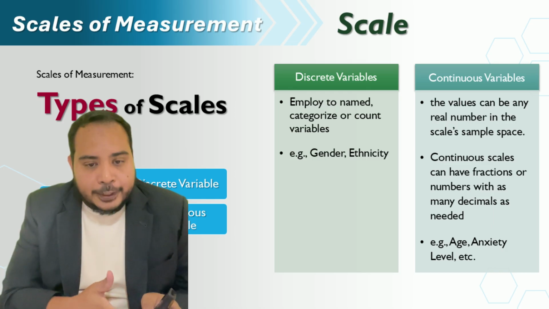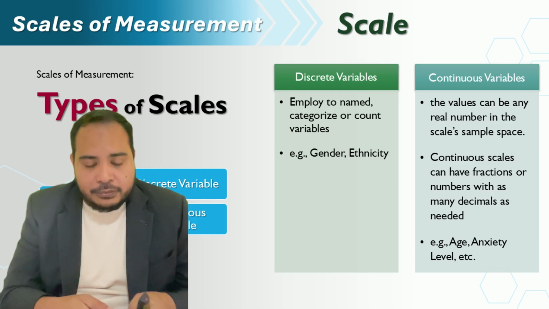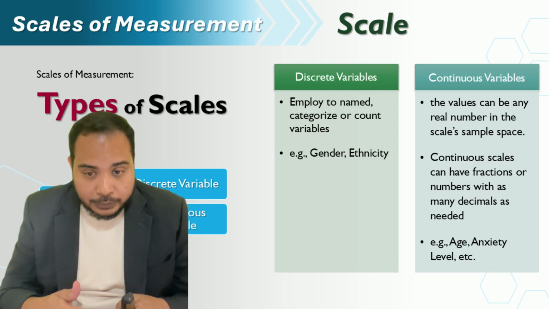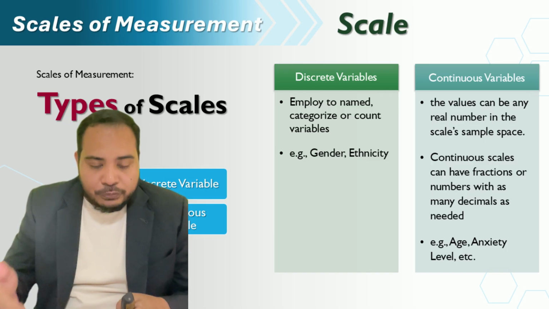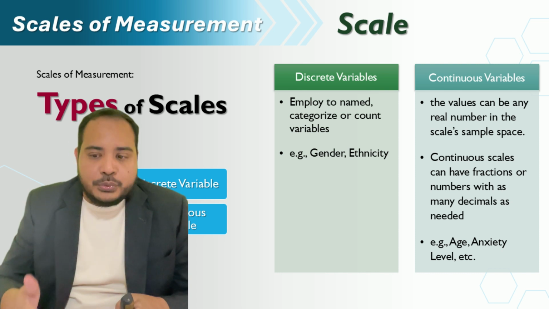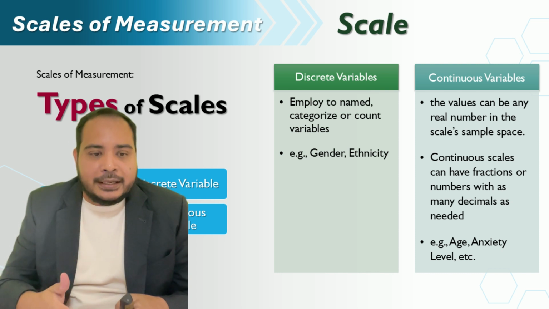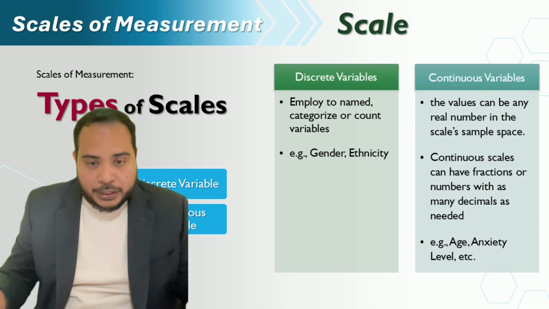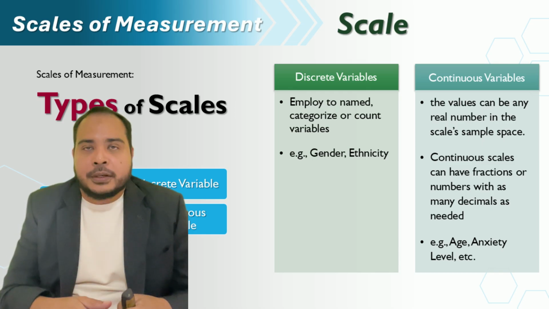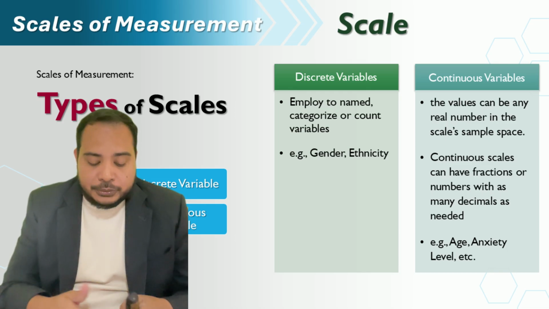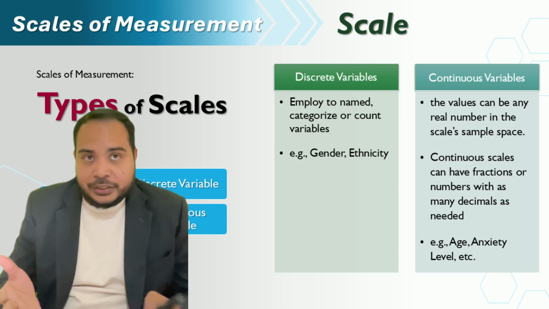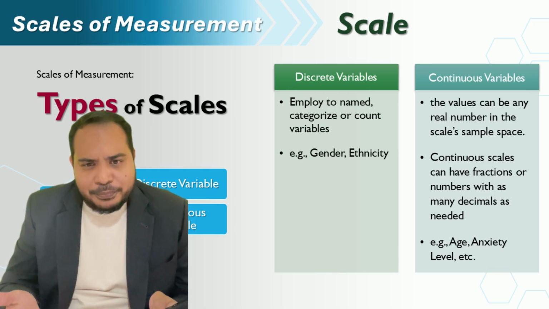On the other hand, besides discrete variables, we also have continuous variables. A continuous variable refers to values that can be any real number in the scale sample space. The example they give here is age. These continuous scales can even have fractions. Age may also have fractions.